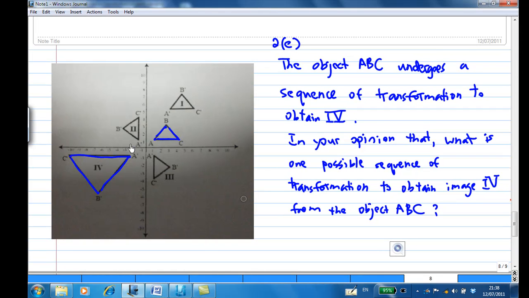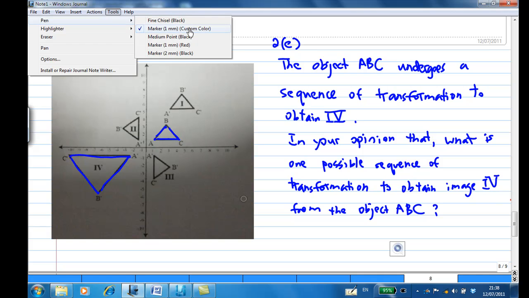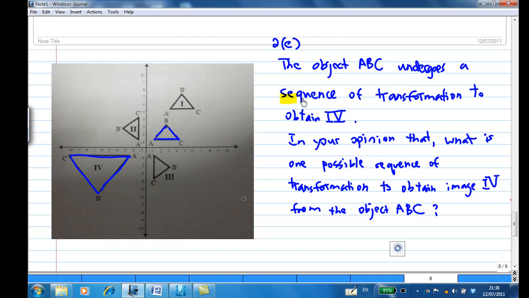In your opinion, what is one possible sequence of transformations to obtain image 4 from the object ABC? Notice the highlight is a sequence. The question indicates that we are looking for a sequence of transformations.